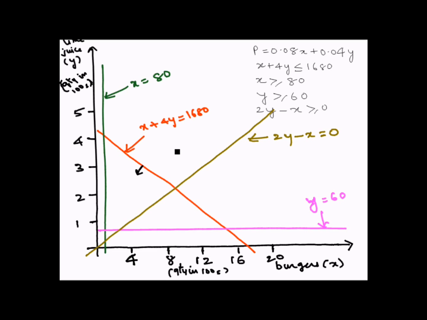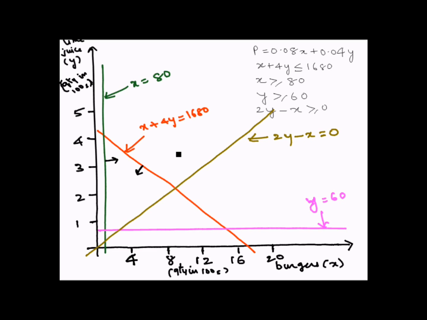The second equation is x is greater than or equal to 80. So the value of x is going to increase, and that is the feasible solution for this equation. So x is greater than or equal to 80 indicates feasible solution in this direction for this constraint.